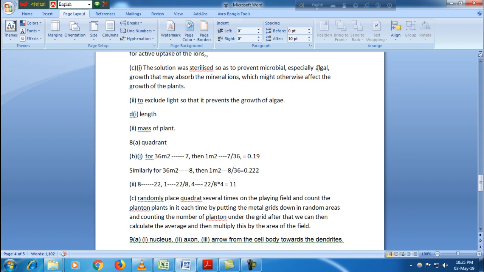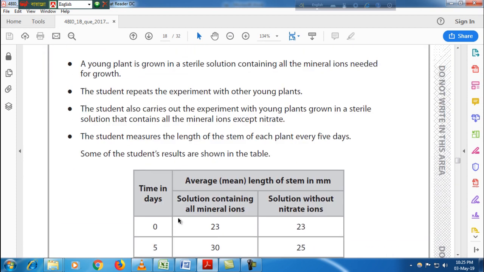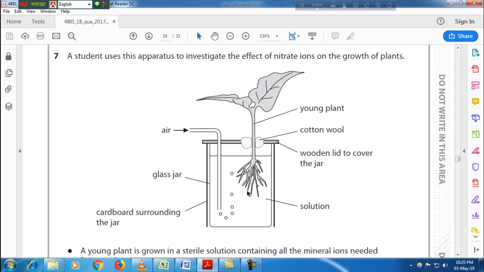These are the microorganisms that may absorb the mineral ions which might otherwise affect the growth of the plants. So here there are microorganisms, it may be algae or bacteria also. They may absorb the mineral ions and it will affect the growth of the plants.